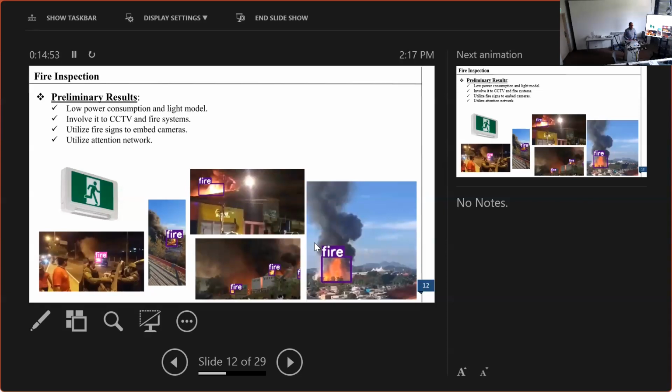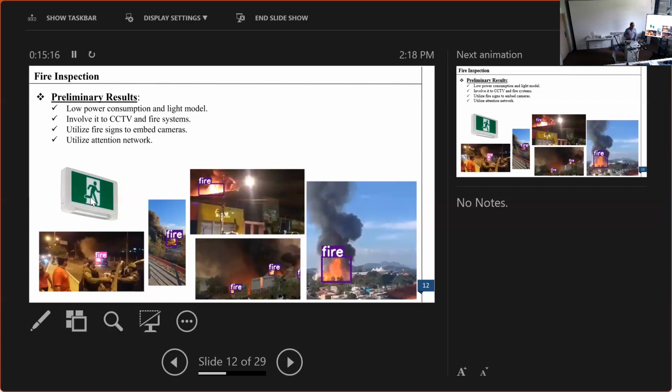So the idea is to utilize the exit sign. Since exit signs are scattered everywhere in the building, we can embed very small cameras, and we can detect fire, smoke, or even persons.